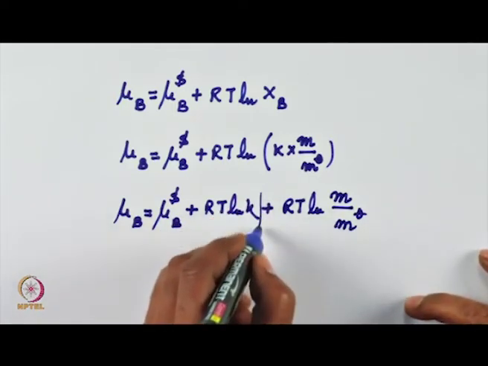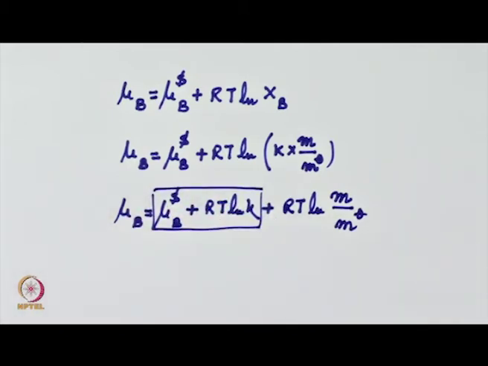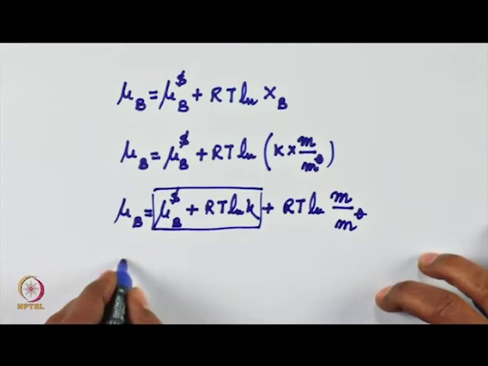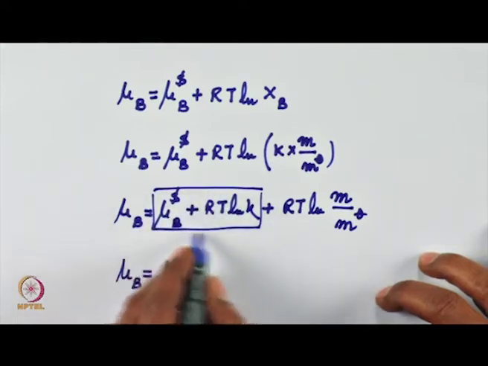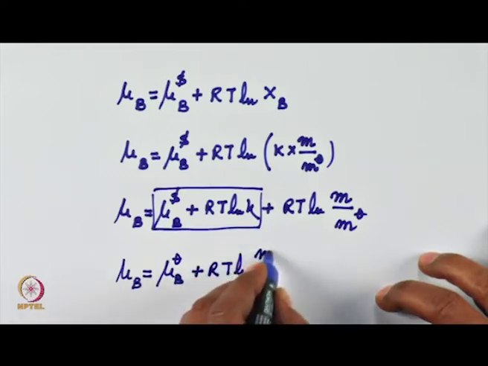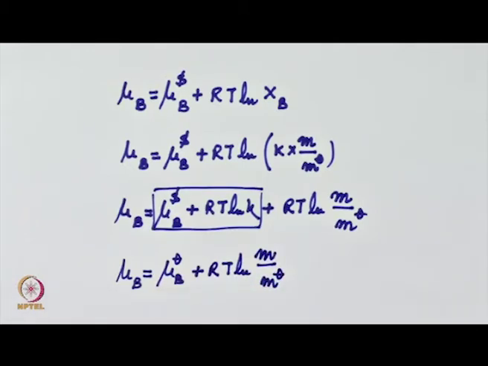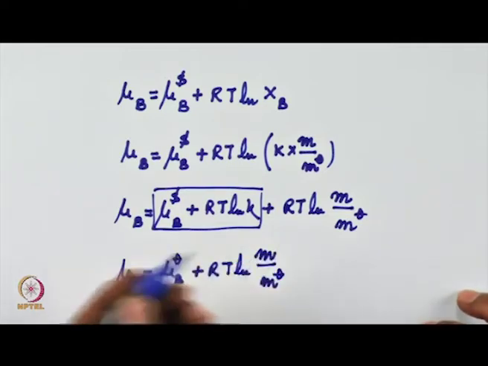I can further combine these two terms, combining all these and writing as mu B equal to mu B naught plus RT log m by m naught. Instead of m, we can write mB.